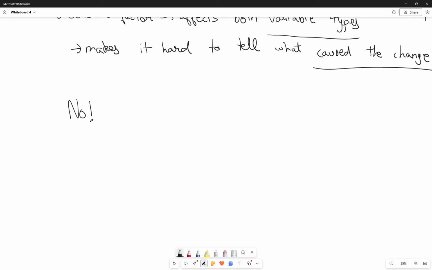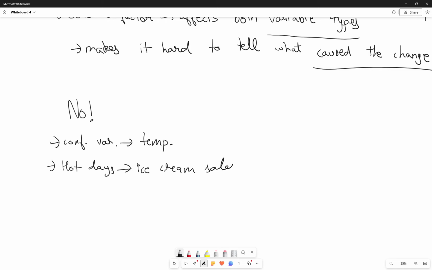Now, you know that instinctively for this one because it's an obvious example. But here, the confounding variable is temperature, right? Because hot days are going to lead to ice cream sales, and they're also going to lead to more swimming.